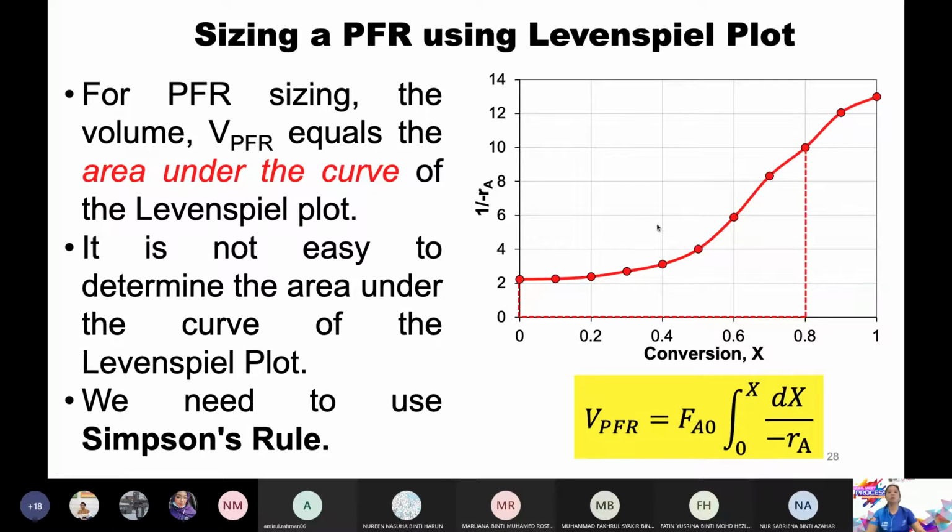Okay, so how do we find the area under the curve? Okay, you have definitely learned this in mathematics. I'm not sure what kind of course, I cannot remember the course name, but you have definitely learned in mathematics. Area under the curve of a plot, we have few ways to find. Okay, ada banyak cara sebenarnya, but for our reaction, we use what we call as Simpson's rule.